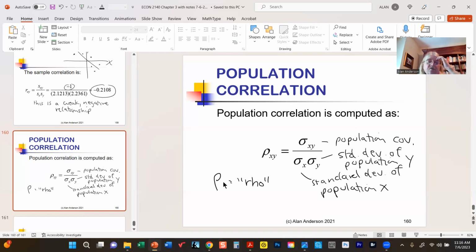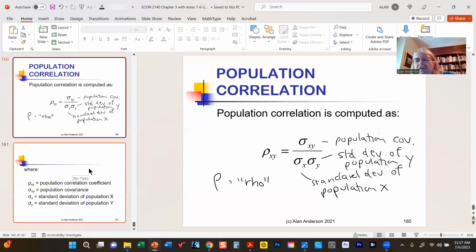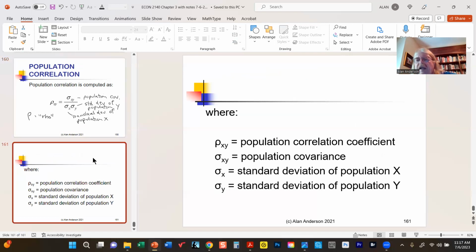And again, like I said before, unlike with the covariance, this will be the same whether we are dealing with a population or a sample. So that is one of the other things that's interesting about the correlation measure.